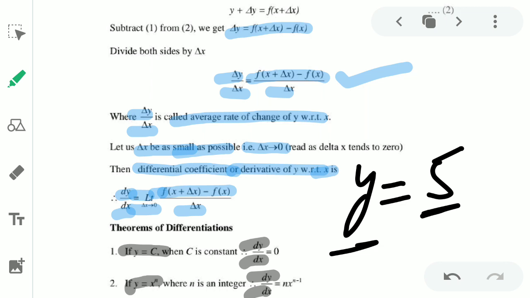So dy upon dx will be equal to n x to the power n minus 1. Today we discussed these two theorems with examples, and in the next lecture we will further discuss different theorems of differentiation.